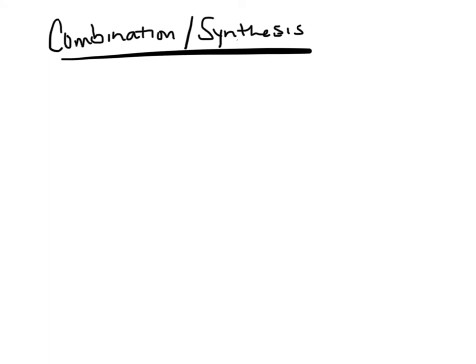The next type of equation we'll talk about for a few minutes is combination or synthesis. This is when we have 2 or more elements or compounds and they make a single product.